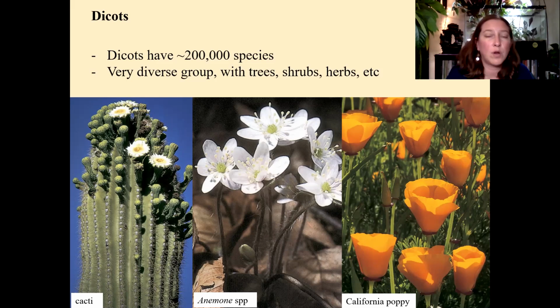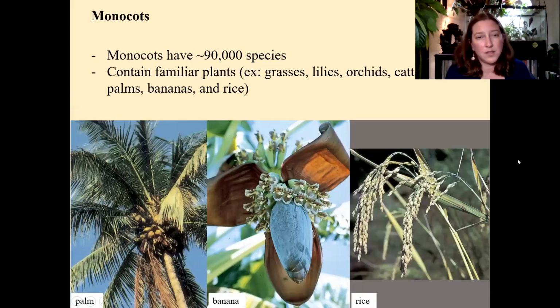There's trees, shrubs, herbs, etc. Then you have the monocots, which still have a lot of species, 90,000. Things in the monocots are grasses, lilies, orchids, palms, bananas, etc. But monocots and dicots are different in many ways, which we'll cover in the flower lecture.